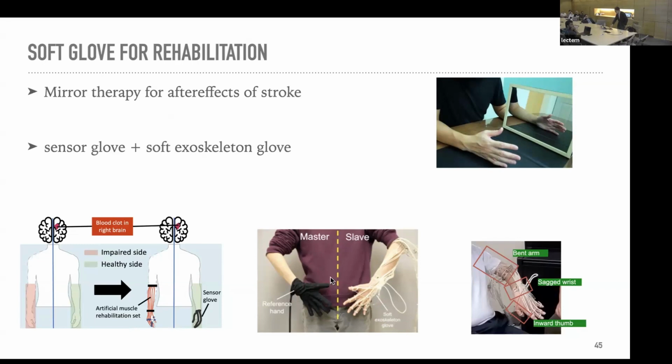So we make them wear our gloves on their impaired hand, the hand which is hard to move, and we make them wear data gloves on their right hand like this. And this is inspired by mirror therapy. This is a very popular technology for after effects of strokes.